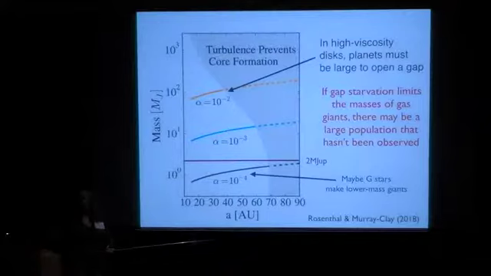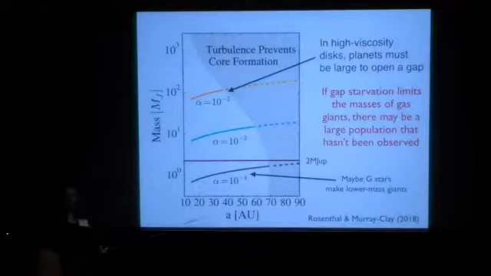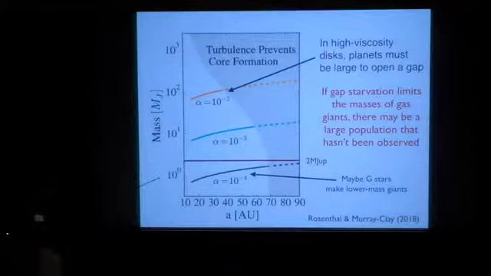But that doesn't tell you what mass it ultimately gets to. That physics is something else. We often assume that it's gap starvation. You open such a wide gap in the disk that you stop growing. This here is a very simplistic gap starvation model. I think Judith's going to be talking about another way that this stops later today.